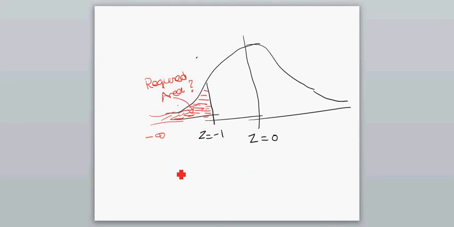We already know the total area on the left of Z is equal to 0, from 0 to minus infinity, is 0.5. If we know the area from 0 to 1, then we can easily get the required area by subtracting that value from 0.5.